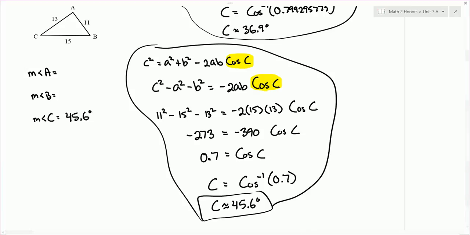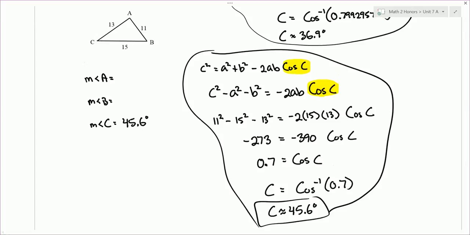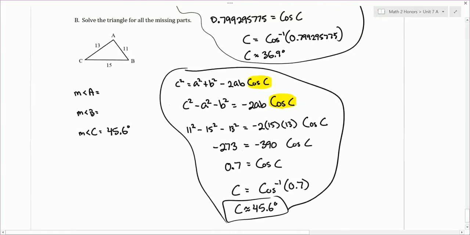We need to find another angle. I'm going to use the law of sines here. I'm going to go after angle B. We know that the sine of B over side B is equal to the sine of C over little c.